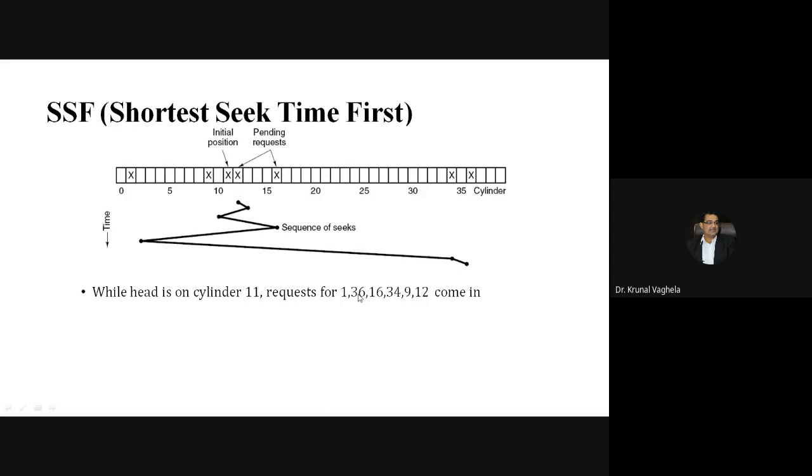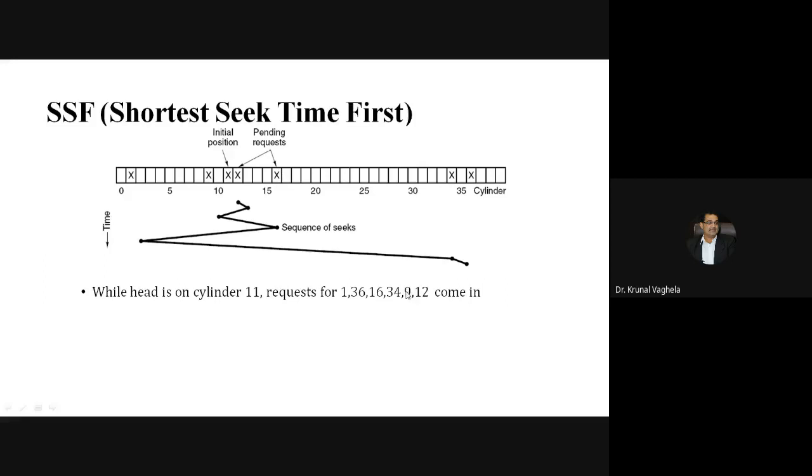To go to 36, the head needs to travel 25 cylinders. To 16, 16 minus 11, 5 cylinders. To 34, 34 minus 11, 23 cylinders. To 9, 2 cylinders. But to 12, the head needs to travel only 1 cylinder. So the first request covered is 12. From 11 it will go to 12. Now the head is at 12, and it will see which is near.